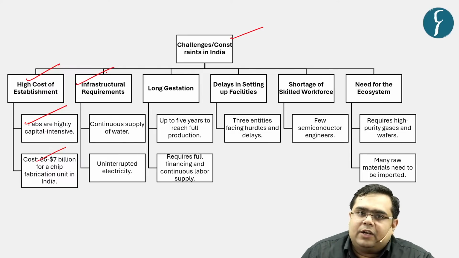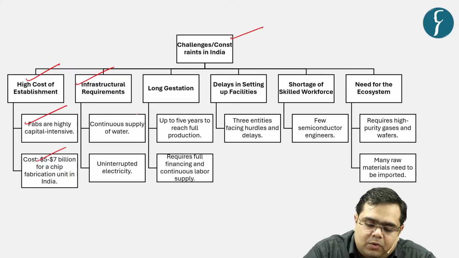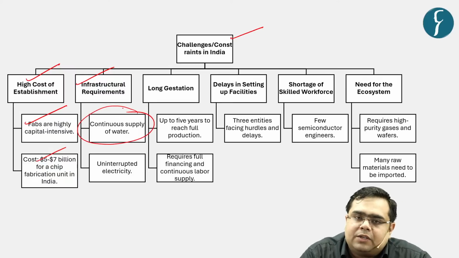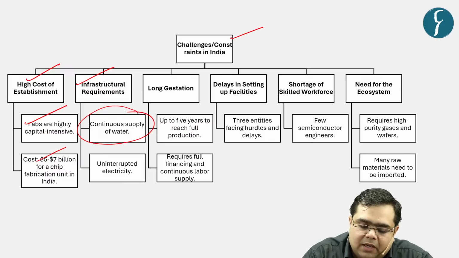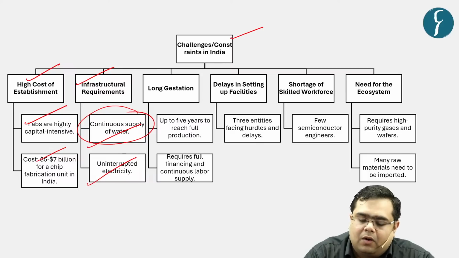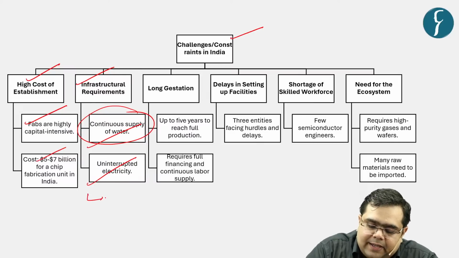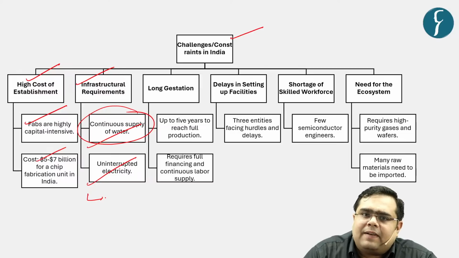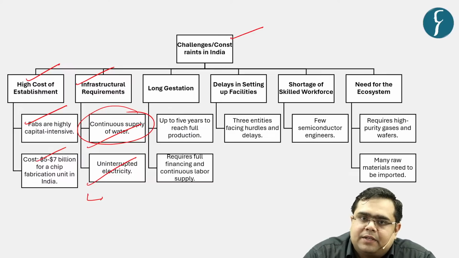Then there is a need of infrastructural requirement. Almost as of now, all these issues have at least been resolved by the government. For instance, a continuous supply of water and uninterrupted electricity has been resolved. But another challenge in this context is that the fabrication stage also requires certain types of gases at the time of fabrication, right?